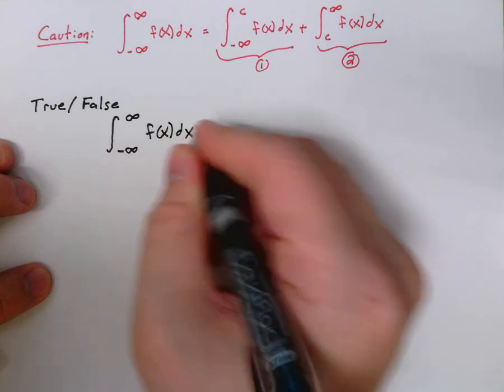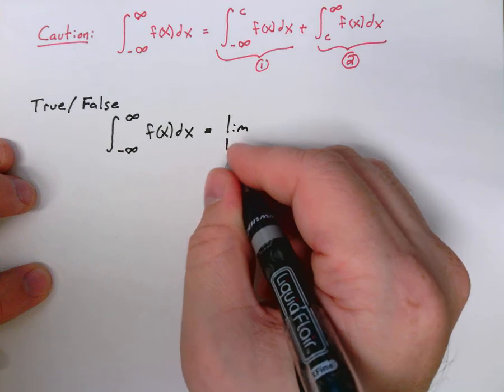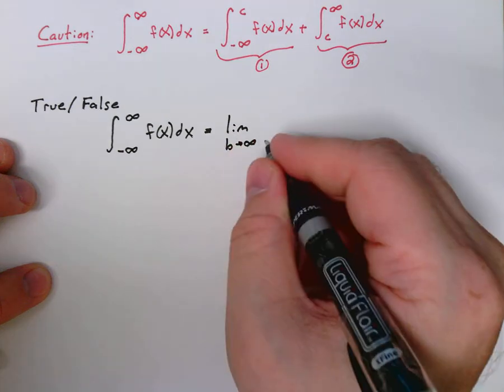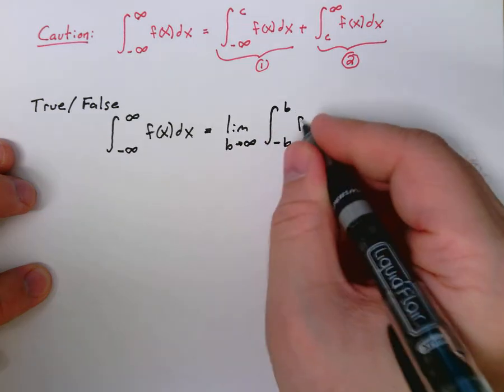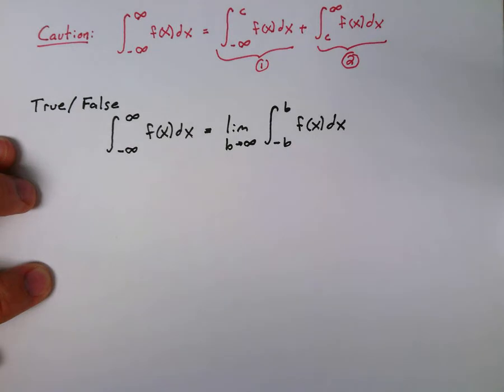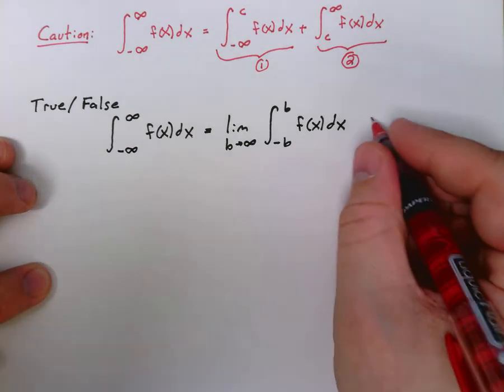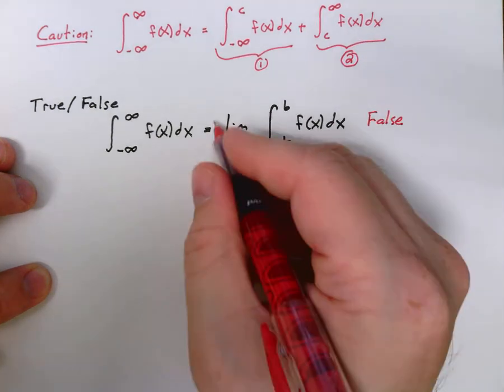Is that the same as taking the limit as b goes to infinity for, say, negative b to b? Can I just do that? It seems to work for some of the examples, but not all. Whoops, I gave away the answer. The answer is, of course, false. It's not true.